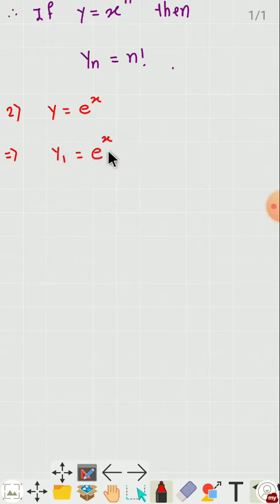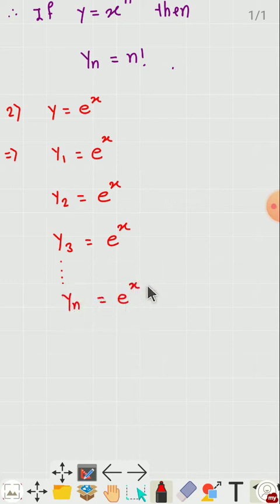The second order derivative is the derivative of the first order derivative, again e raised to x. y3, the third order derivative of the second order derivative, is again e raised to x. So dot dot dot, the nth order derivative is also e raised to the power x.